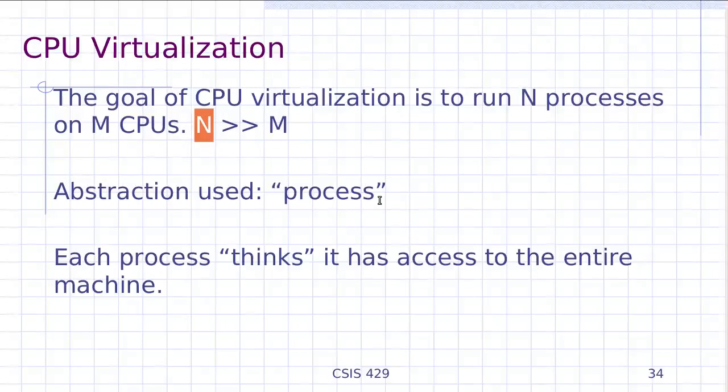It says, okay, each program will have access to these resources, and it does all the dirty work in trying to make it look like the program has complete access to those resources, when actually you are sharing the CPU and memory and all of that with all of the other processes. So the OS takes care of giving each process the illusion that it has access to the entire machine.